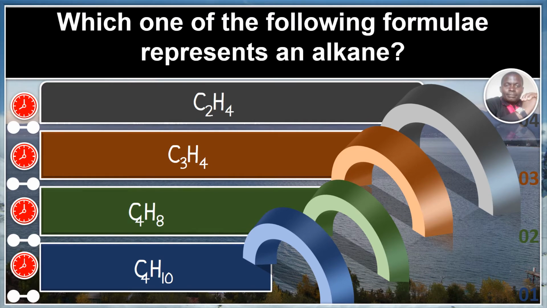Which one of the following formulas represents an alkane? C4H10.